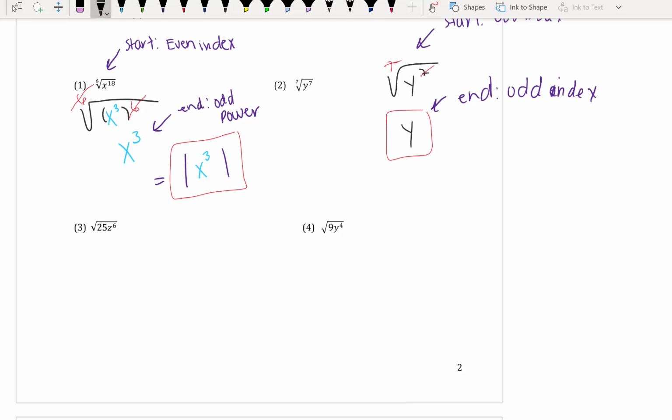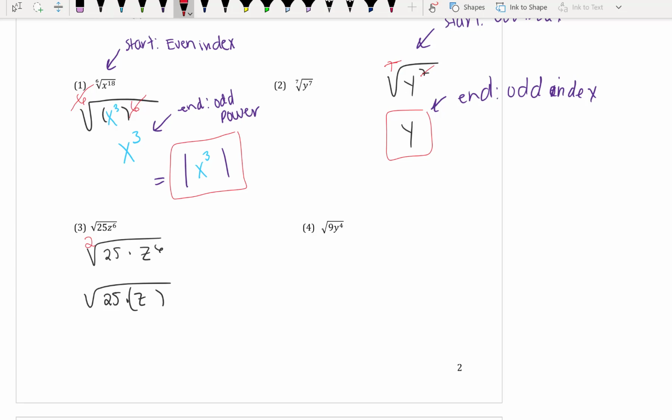Looking at my next example, number 3, I have the square root of 25 times z to the 6th power. So here my index is 2, okay? So I can actually rewrite this where I'm going to have the square root of 25 times z.